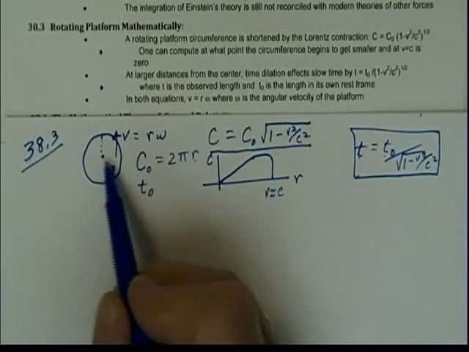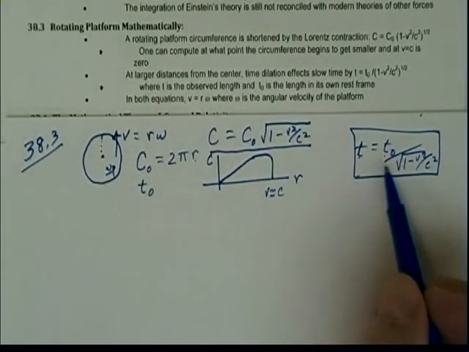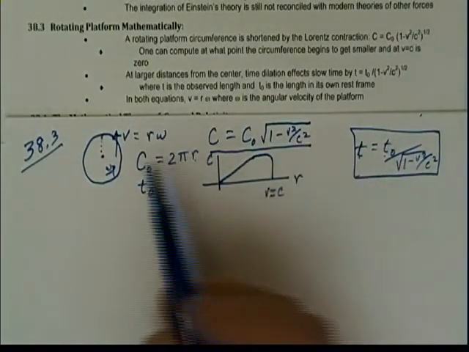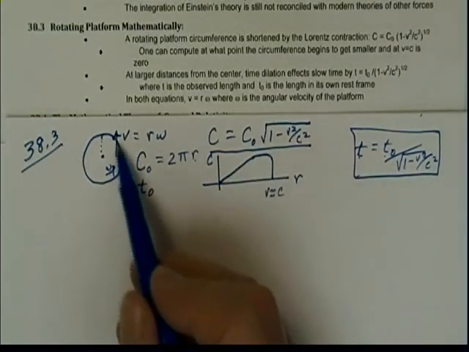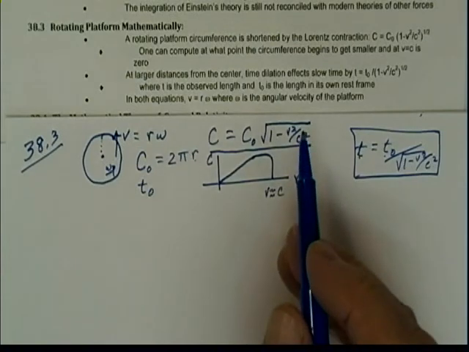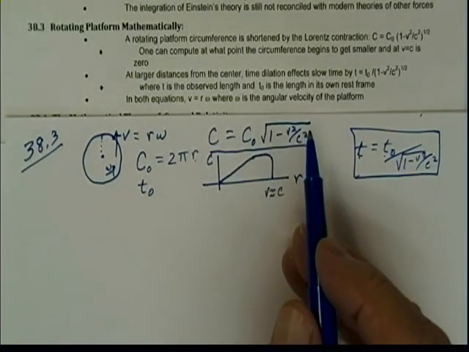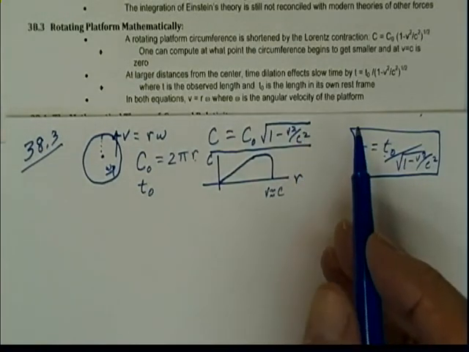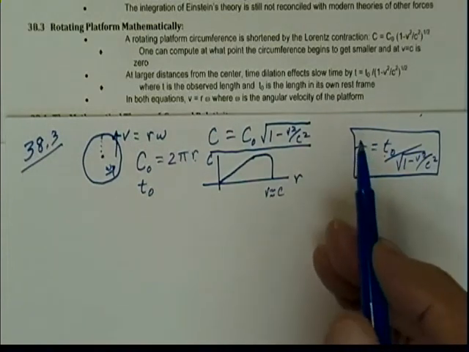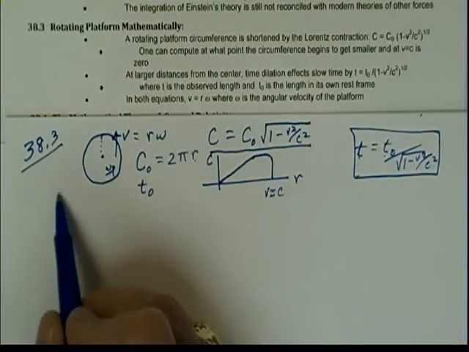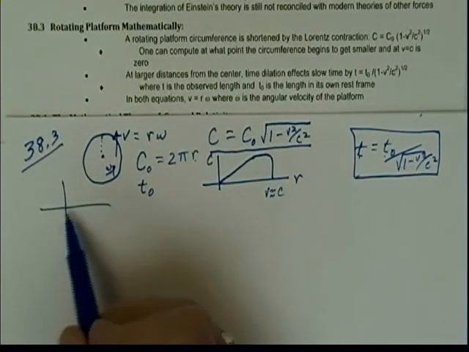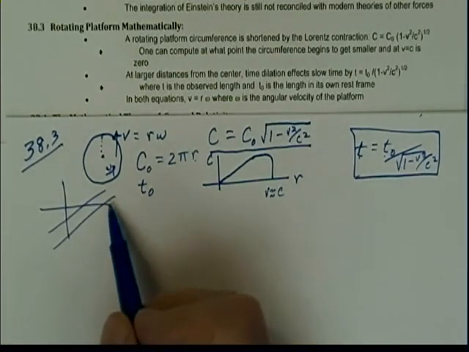Well, we can see here that in accelerated frames, time slows down and distances contract, and the geometry of space and time is not Euclidean. It's not flat. It isn't like what we normally have, where parallel lines never meet.